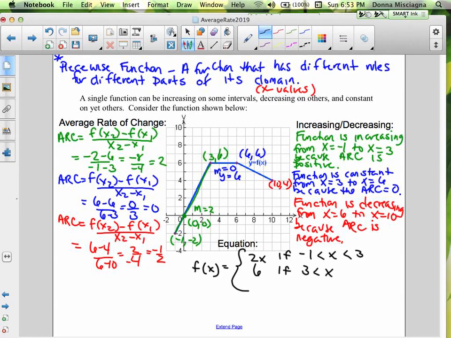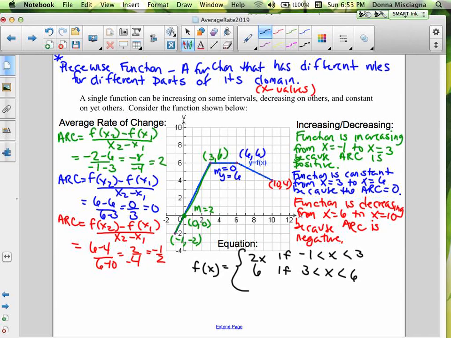and 6. Now, we didn't say anything about equals. Somebody's got to take the equals, because otherwise we'll have a big hole in our graph, because at no point did we say what to do when x equals 3. It doesn't matter which one you use because it's the same value either way. 2 times 3 is 6, and y equals 6.